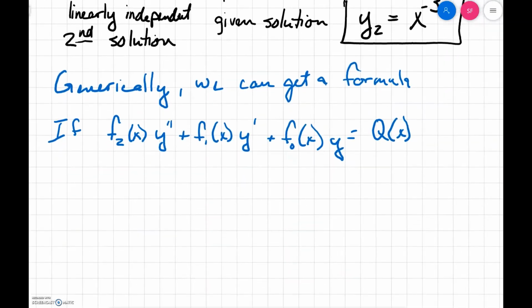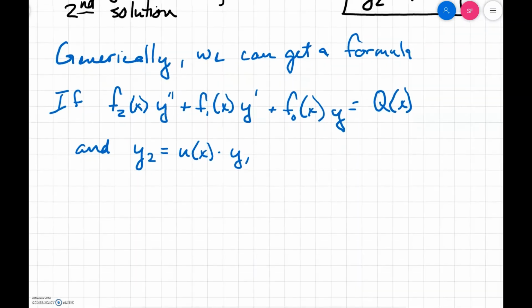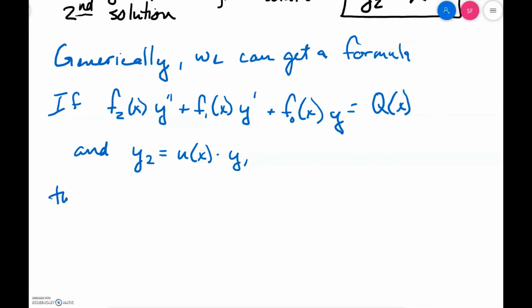and it equals another function of x, and we know that my second answer is some function of the first answer, then, ready? It's a big long formula. Oops, nope, not equals.